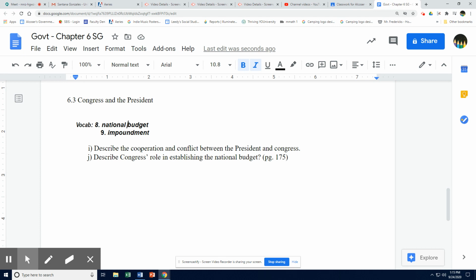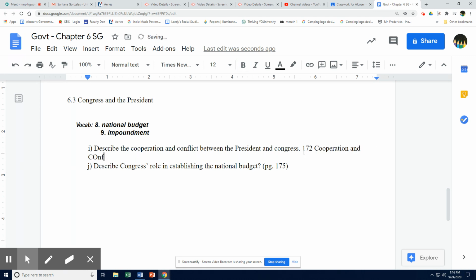Okay, so describe the cooperation and conflict between the President and Congress. Under cooperation and conflict on page 172, it says usually the best relations exist between the two branches when the president makes few demands.